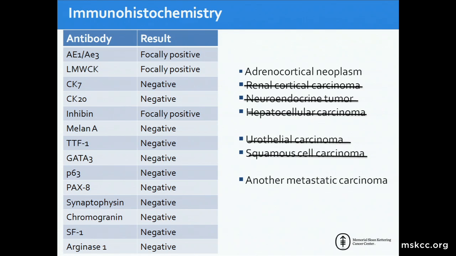It was also negative for Melan-A, for synaptophysin, and for steroidogenic factor 1, which is a good marker for adrenocortical neoplasms. However, we do have to keep adrenocortical neoplasm in the differential because this is the only site of disease. He doesn't have any disease elsewhere. And of course, we have to keep our basket in the differential. It could be something else.